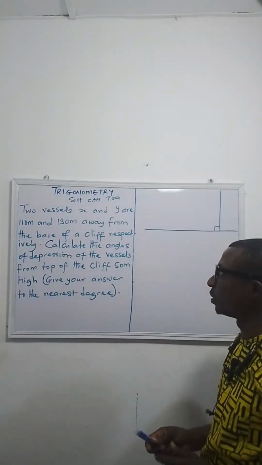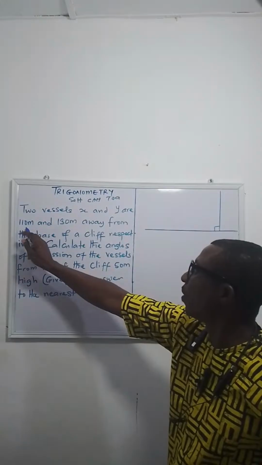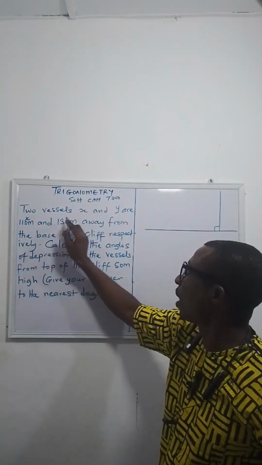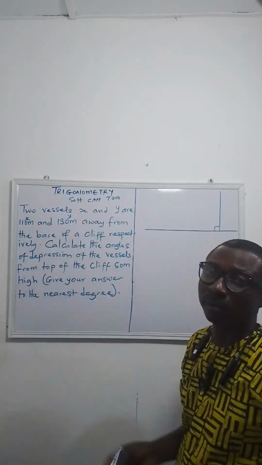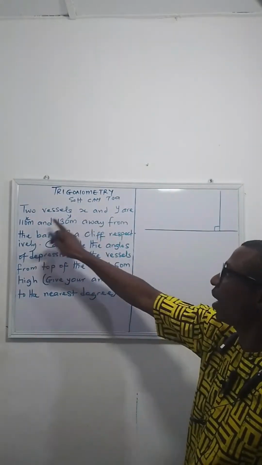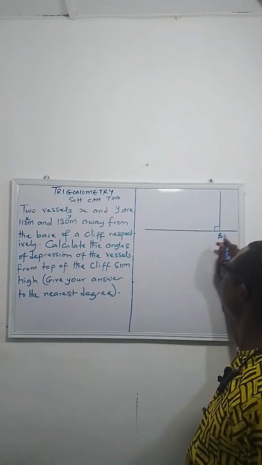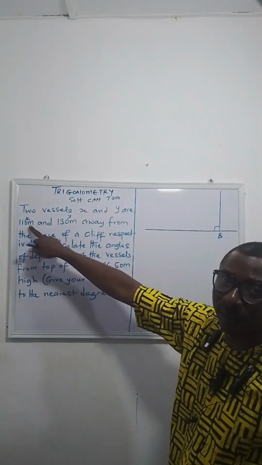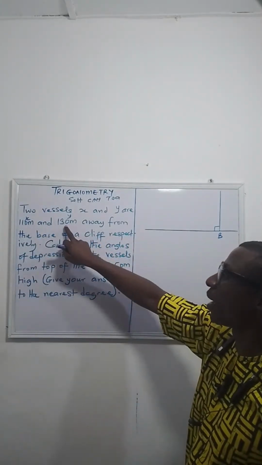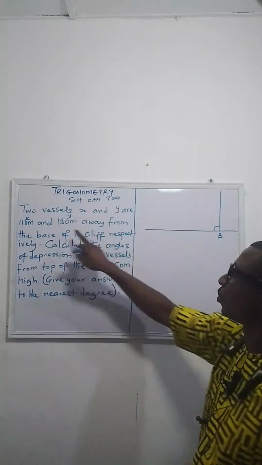This is for X and this is for Y. The distance of X from this base, let's call it B, is 110. The distance of Y from this base is 130.